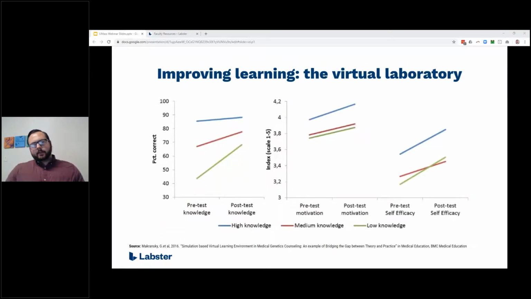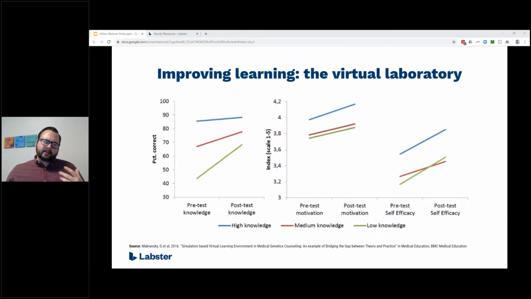This next study was in 2016 with BMC Medicine. Here, they wanted to look at Labster's impact on the different knowledge levels when it comes to knowledge, motivation, and self-efficacy or confidence of students. The most significant impact here was for those low knowledge students, where Labster was actually able to decrease that knowledge gap by about 20%.